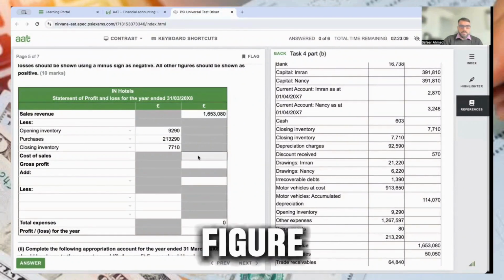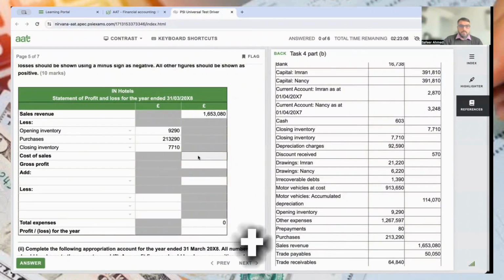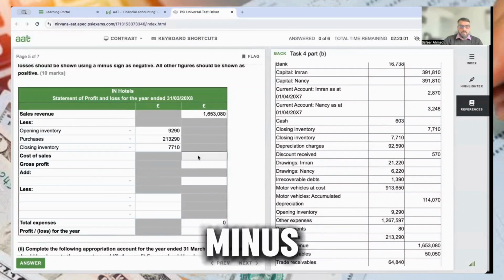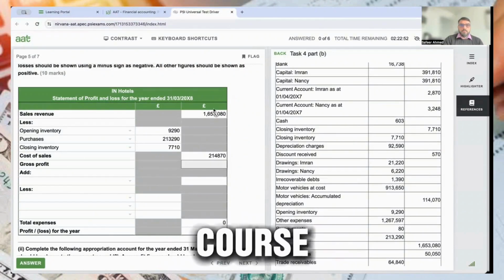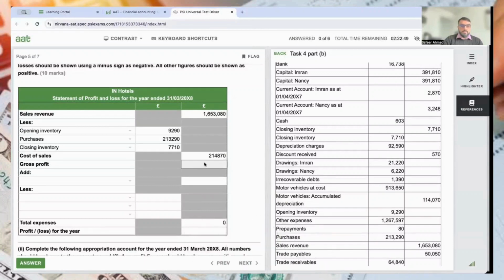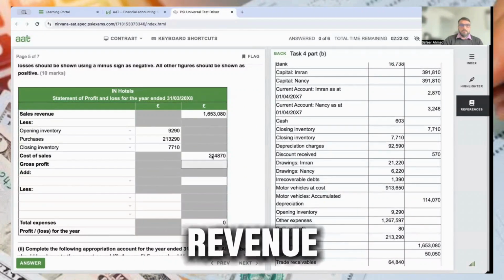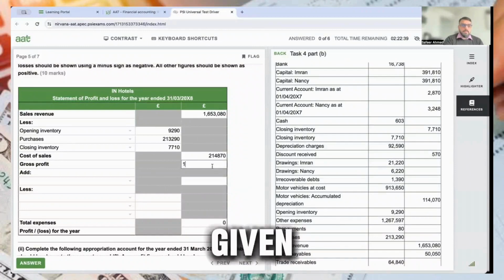So the cost of sales figure is 9290 plus 213290 minus 7710, and that has given us 214870. And of course, sales minus cost of sales gives us gross profit. So basically, sales revenue minus this amount, and that has given you 1438210.